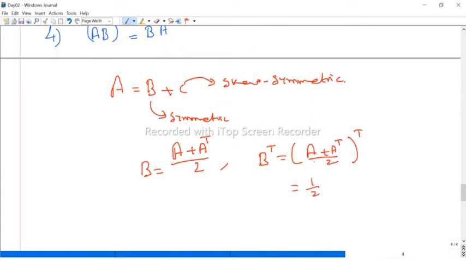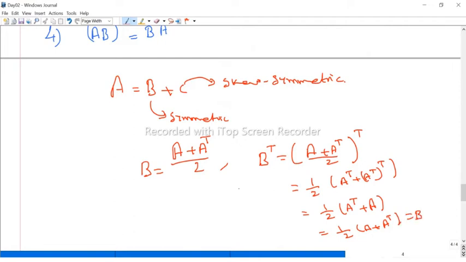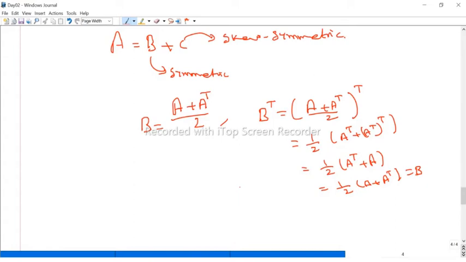And then A plus A transpose whole transpose is A transpose plus A transpose transpose, by the property that A plus B whole transpose is A transpose plus B transpose. Here the first matrix is A and the second is A transpose. Again, A transpose transpose is nothing but A. Therefore we get 1 by 2 times A transpose plus A, and since A plus B equals B plus A, this is 1 by 2 times A plus A transpose. So this is nothing but B. Therefore this B satisfies the condition B equals B transpose, and so B is a symmetric matrix.